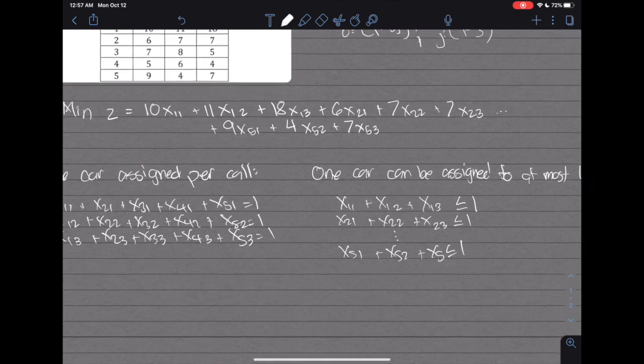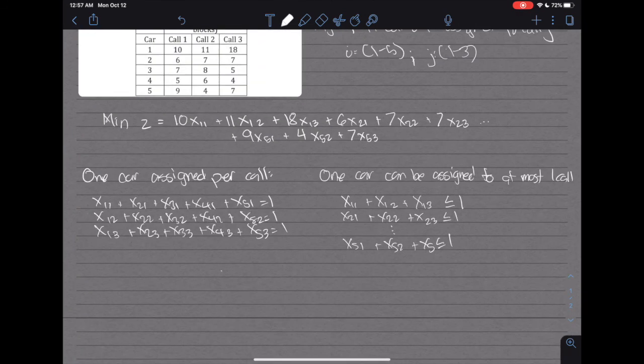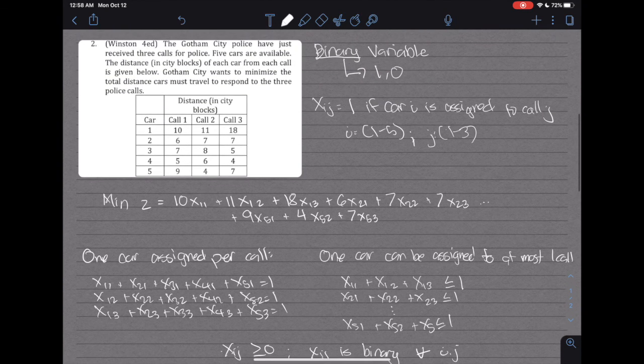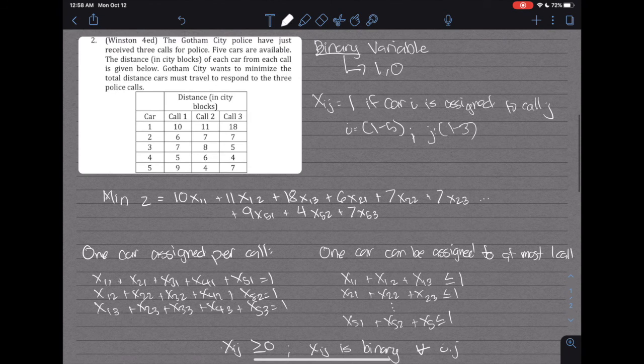Let's not forget your non-negativity constraint, xij greater than or equal to 0, or we can just say that xij is binary for all values of ij. There you have it: the assignment problem using a binary variable.